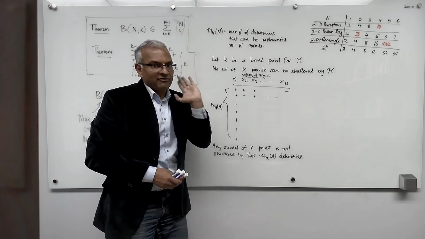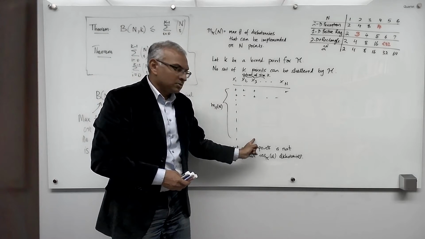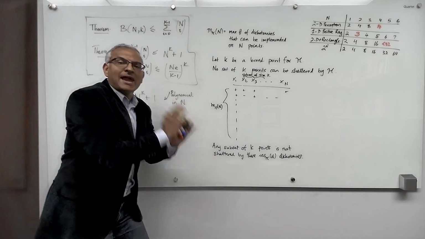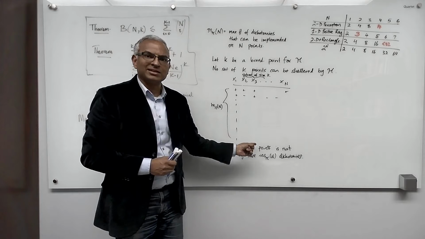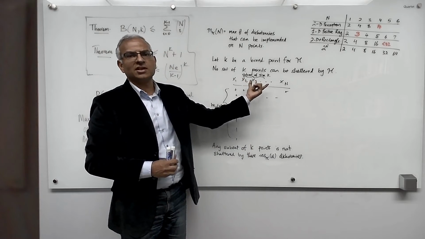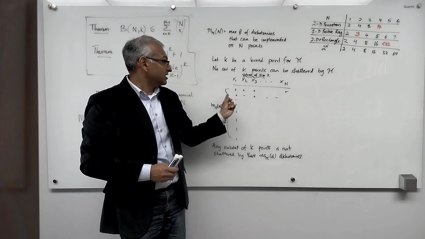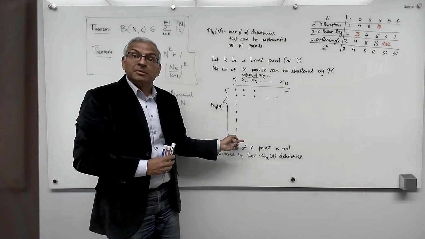But whatever H can implement, we know that B of n and k is the maximum number of dichotomies you can list on n points so that no subset of size k is shattered. So what we know for sure is that this list cannot be larger than B of n and k.